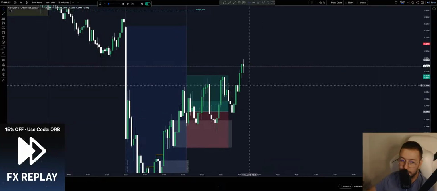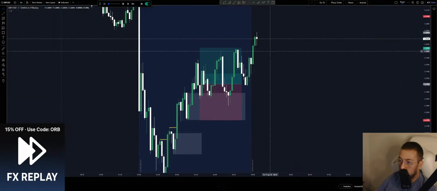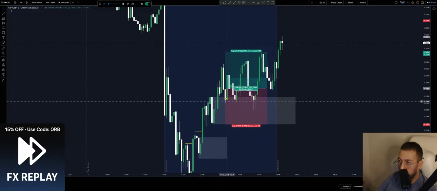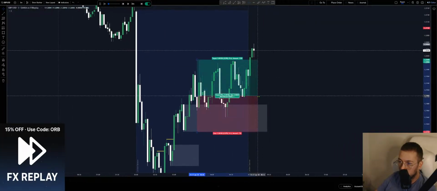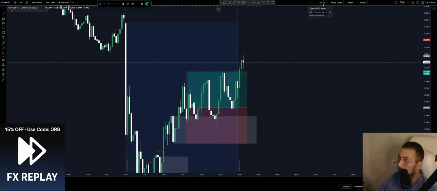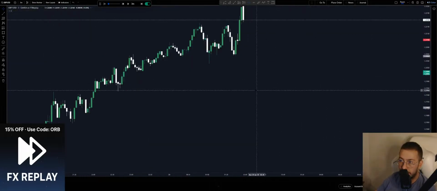Come on. Yeah, TP hit. Very good. The price used that demand zone as a support. Watch how it respected it, literally 4 or 5 times. Okay, go to the next day.